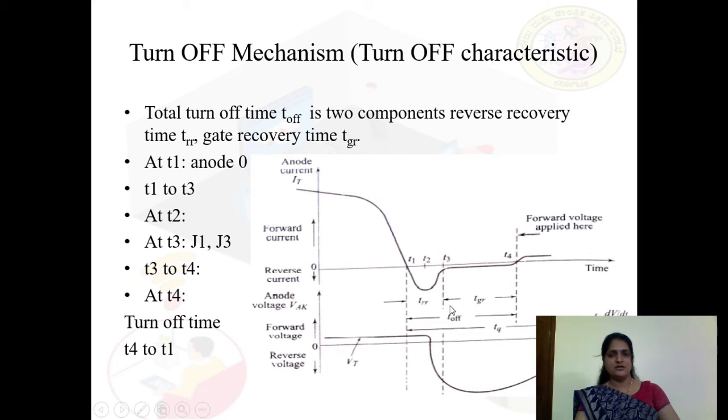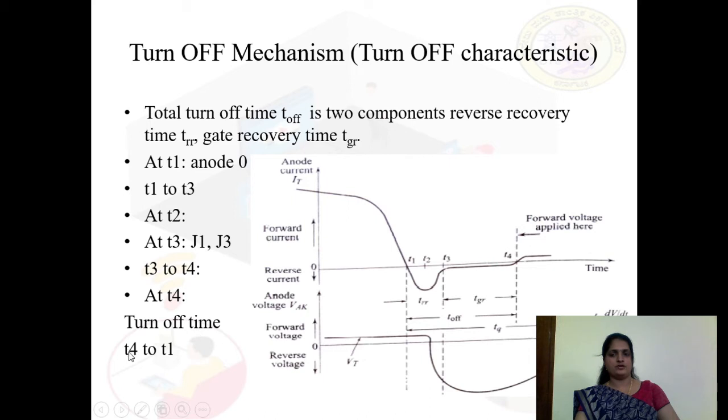At T4, the forward voltage can be reapplied, and this is the instant where the SCR turn off time is represented, between T1 and T4. So this is the forward voltage applied here. At T4 we get the turn off time.